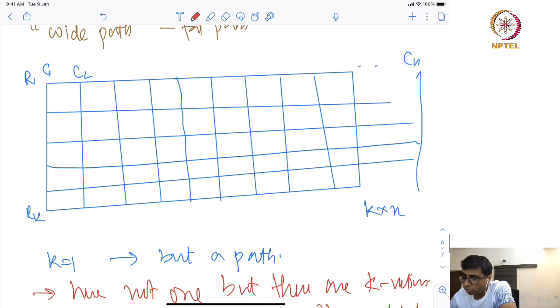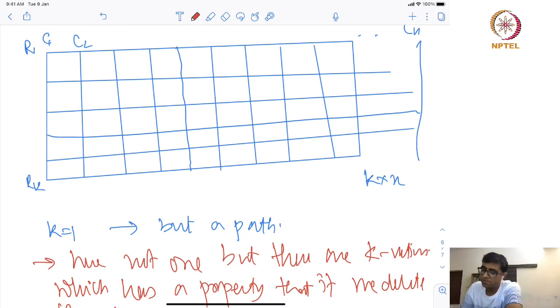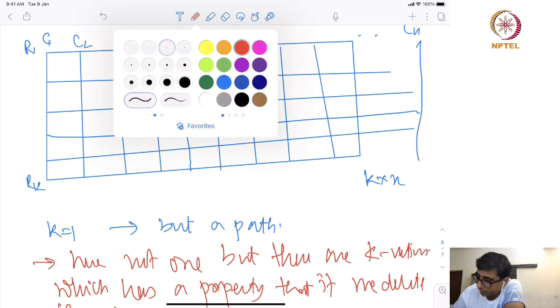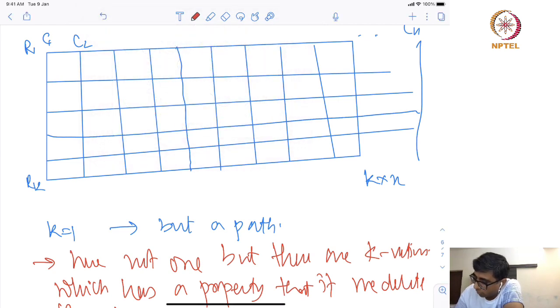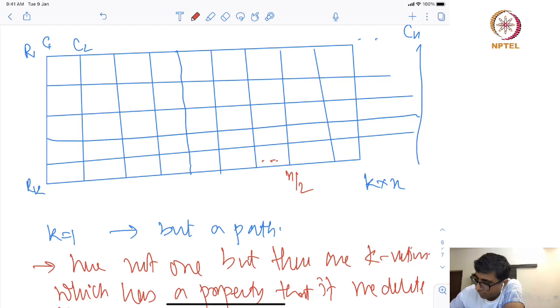Okay, so this is very nice. Here I don't know how to look, because if I just delete one vertex, you can't even disconnect this grid, right? But if you look at the middle, suppose this is somewhere n by 2. Now look at these k vertices.